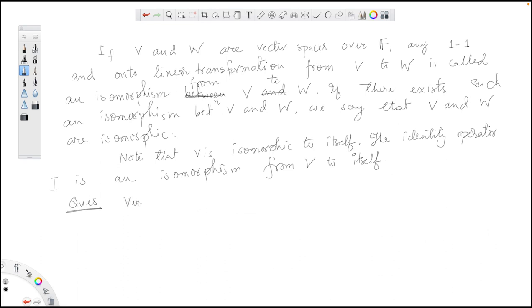You have to verify that it's reflexive, it's transitive, and it's symmetric. An equivalence relation on the class of vector spaces over F.